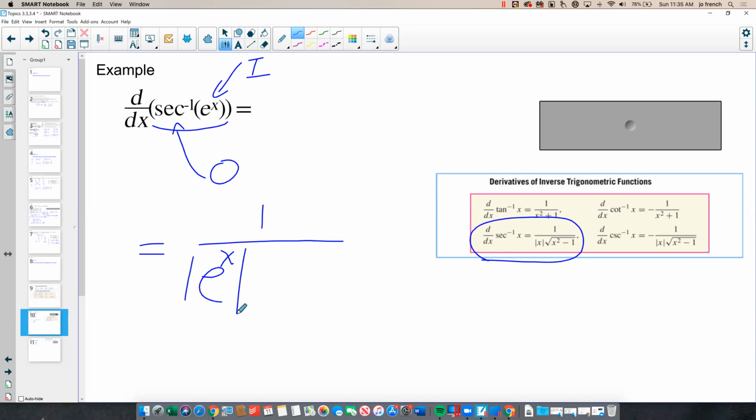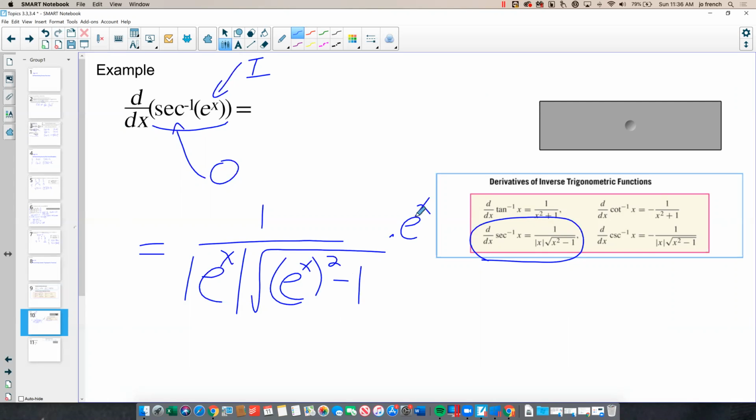I don't really need the absolute value because e to the x will always be positive, over the square root of x squared, where x is e to the x, so e to the x squared minus 1. And then I have to finish my chain rule, so times the derivative of e to the x, which of course is just e to the x.